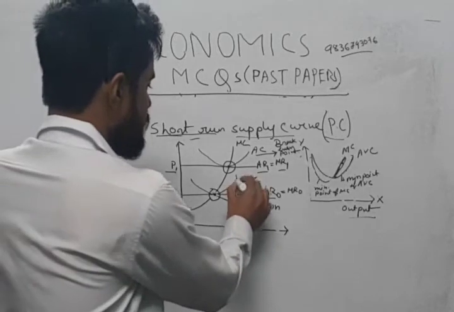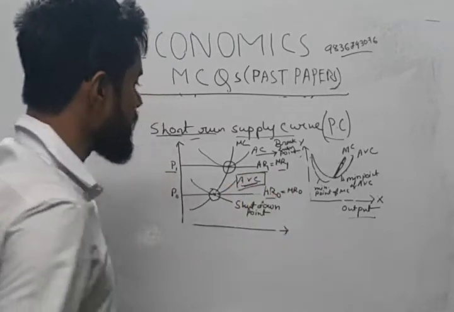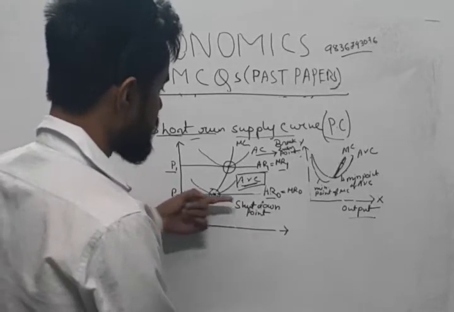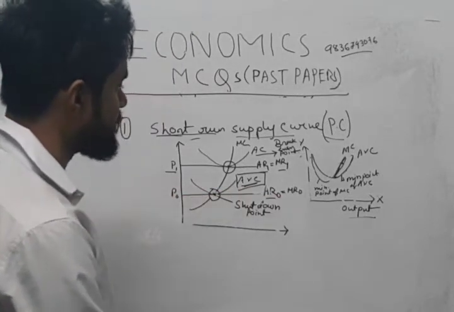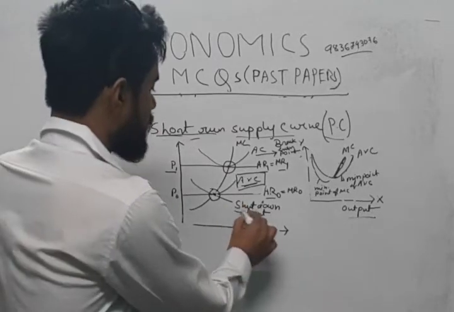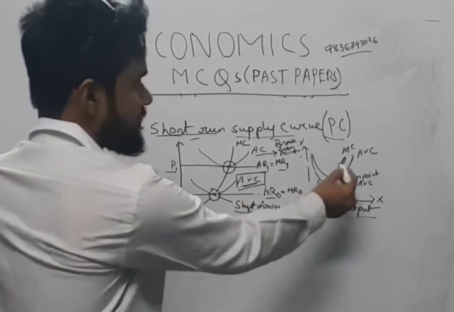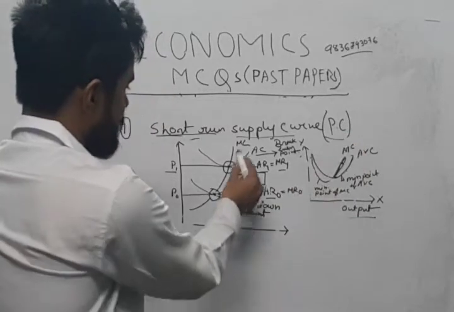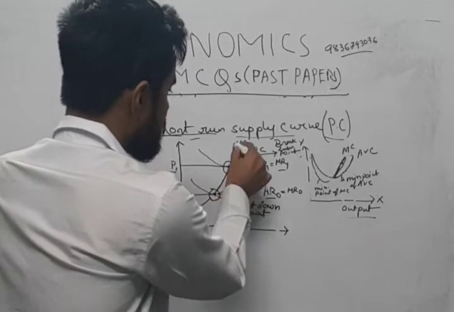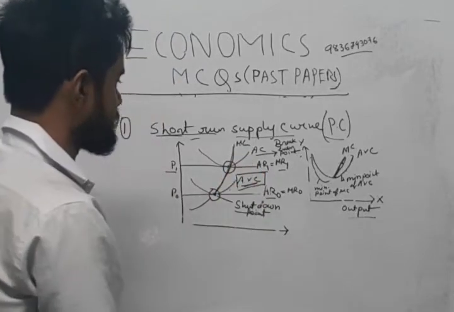So this is why we know the minimum point of AVC, when it is tangent to the price line or AR equals MR, which is the equilibrium point, we get the shutdown point. Now in this case, the MC curve when it lies above the AVC curve, which is the case here, is the supply curve.